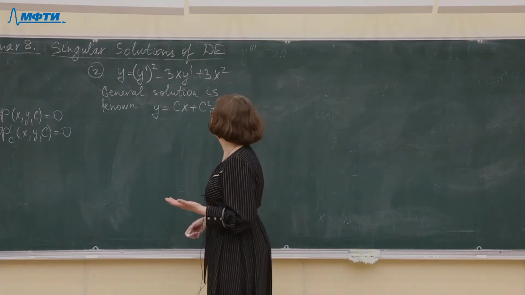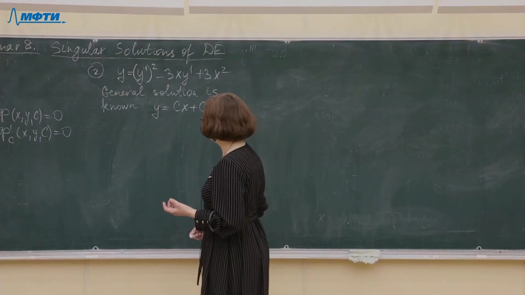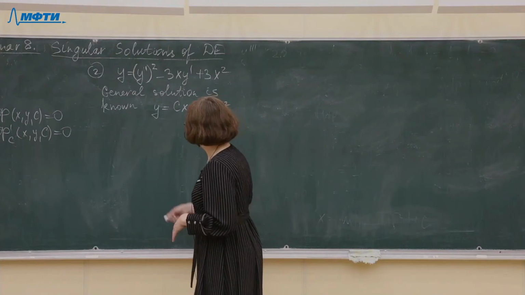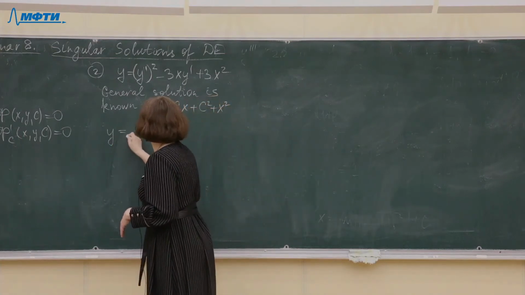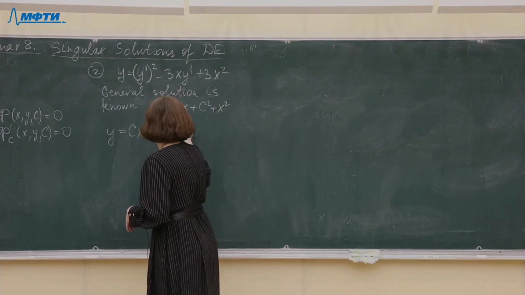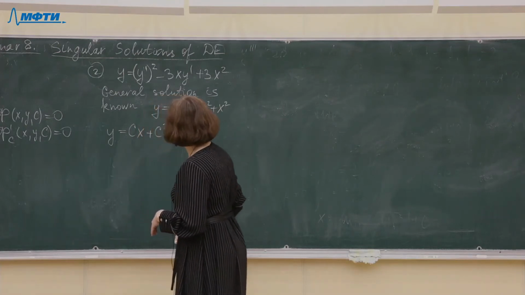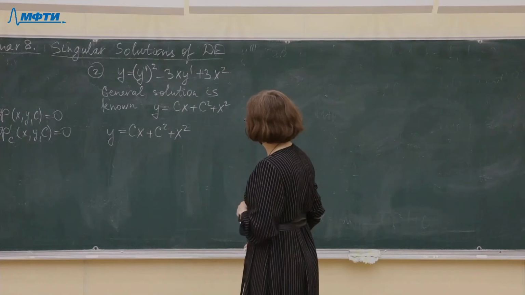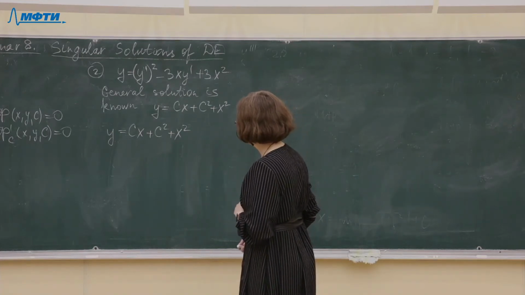How to find the singular solution? We should solve the following equations simultaneously. So y equals cx plus c squared plus x squared.